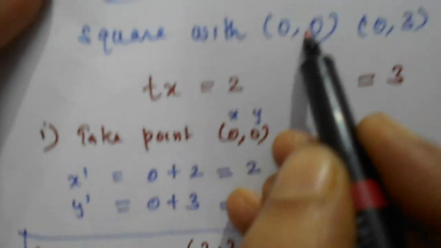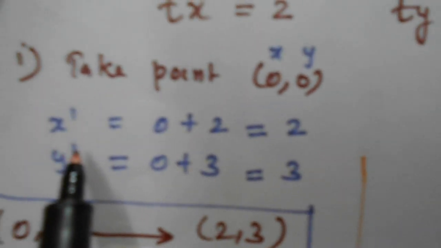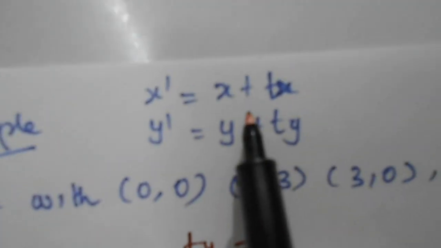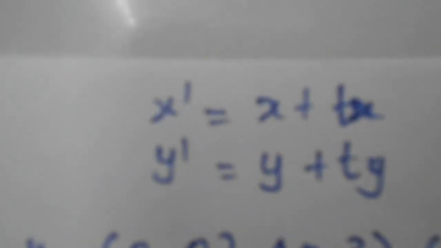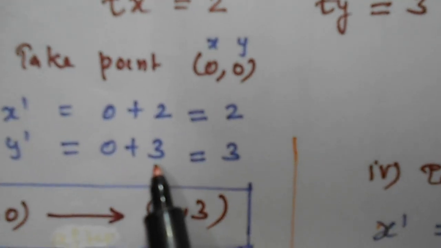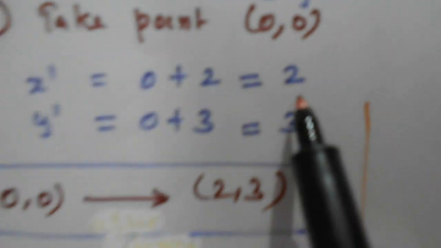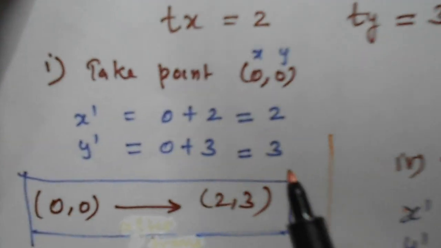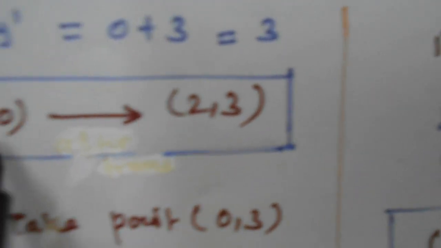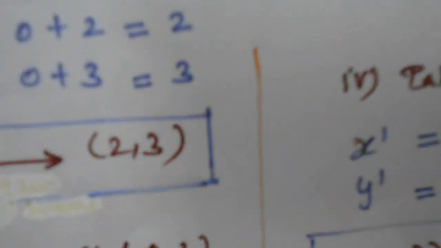Now I will take the first coordinate 0, 0. Let's apply this formula. I substitute x and y as 0, 0, Tx 2, Ty 3. Now we have calculated x dash is equal to 2, y dash is equal to 3. The coordinate 0 comma 0, after the translation, becomes 2 comma 3.